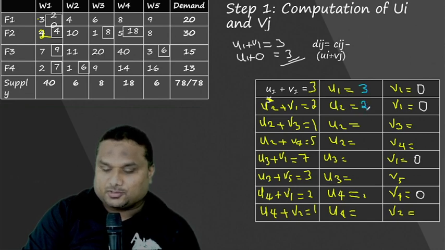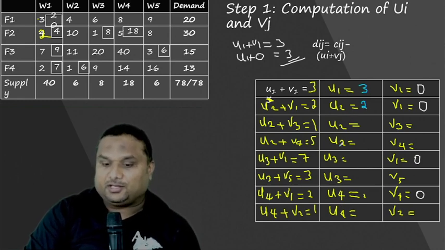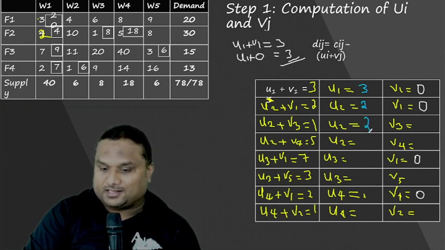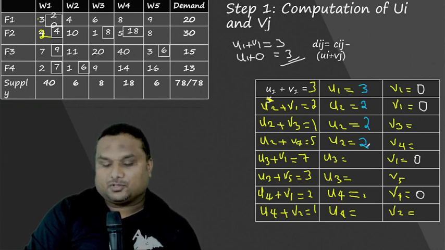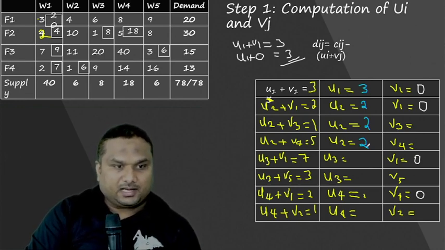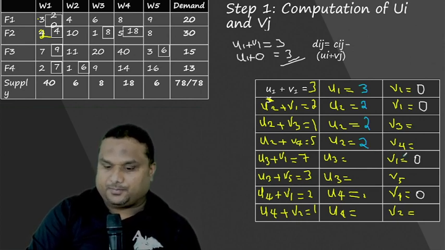I got U2 equal to 2 here. Correct? Now I am checking whether there is any U2 in the bottom or up. Yes, it is here. Comfortable? Happy or unhappy? Loudly say happy or unhappy.